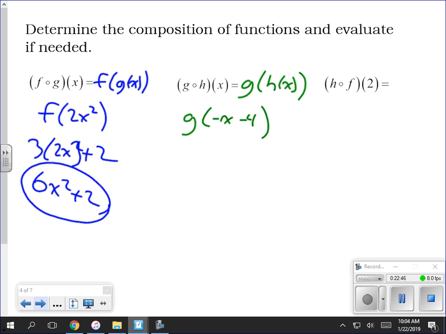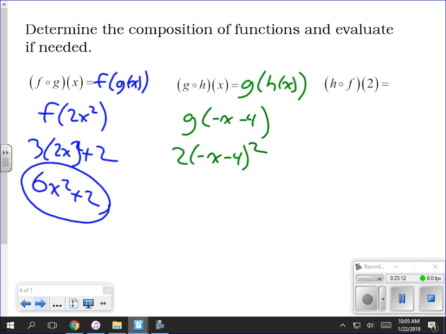And G is 2x squared. So that's 2 times negative X minus 4 squared. That's what I'm doing, because with G, whatever I'm taking G of, I square it, then I multiply it times 2. I take the number, square it, multiply it times 2.